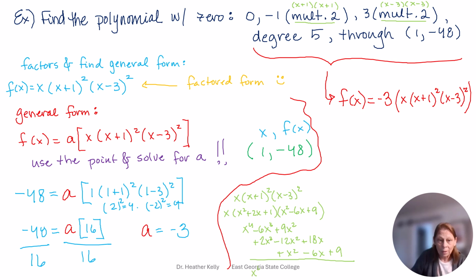Come down here, I got x to the 4th minus 4x cubed minus 2x squared plus 12x plus 9. So this would be, I'm still working on it, negative 3 times x to the 4th minus 4x cubed minus 2x squared plus 12x plus 9.